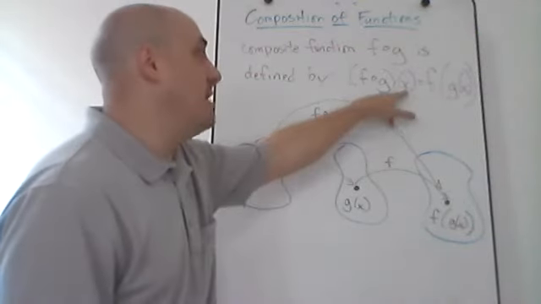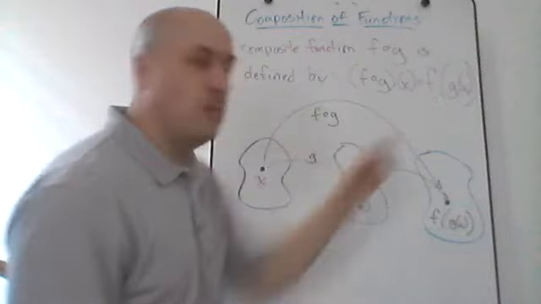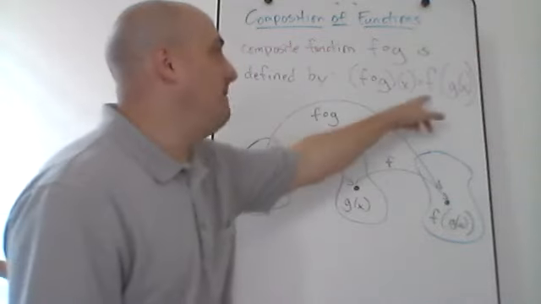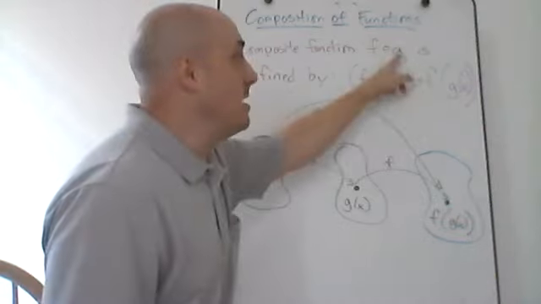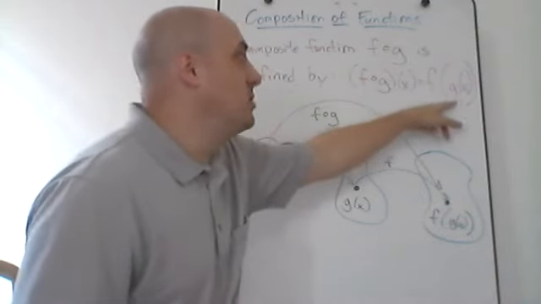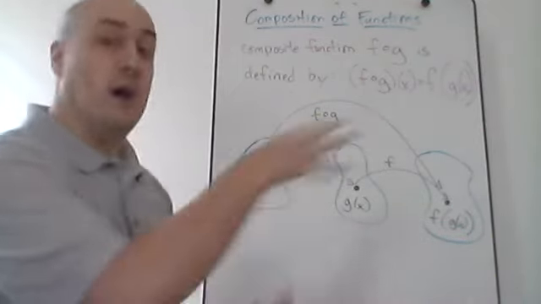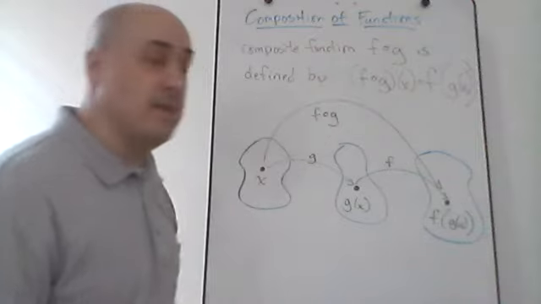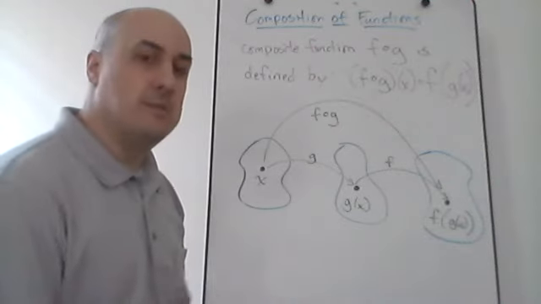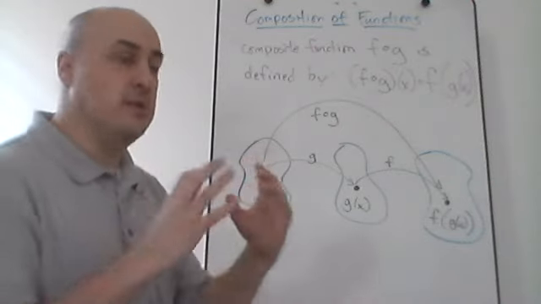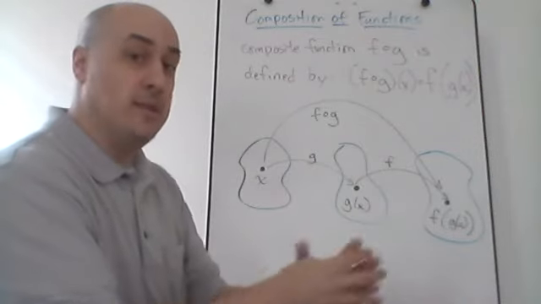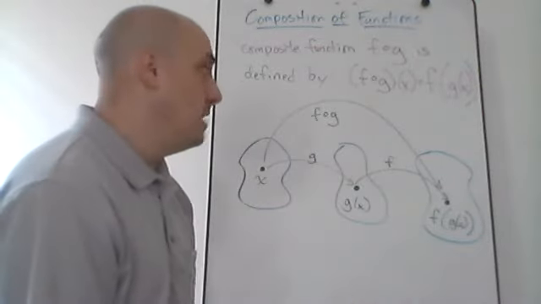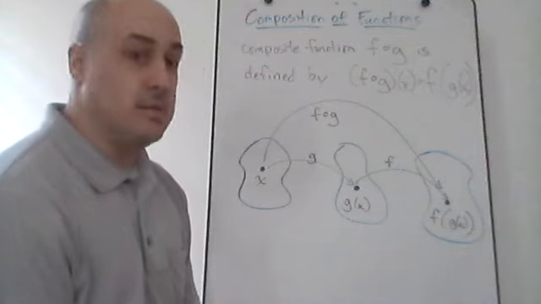One function, the second one, the g function, is the input into the other function, the one written first, the f function. So when you have a composition of functions, you're taking one entire function and putting it into another function as the input to that second function. That's what we mean by composition of functions.